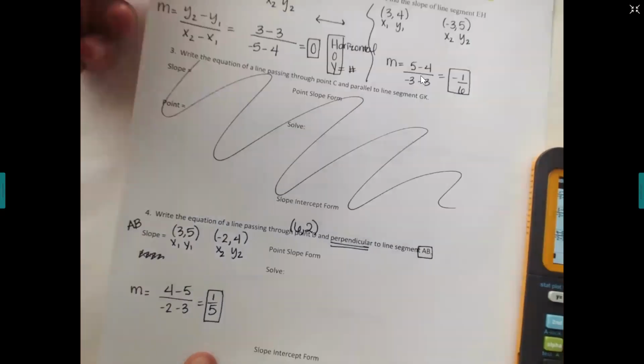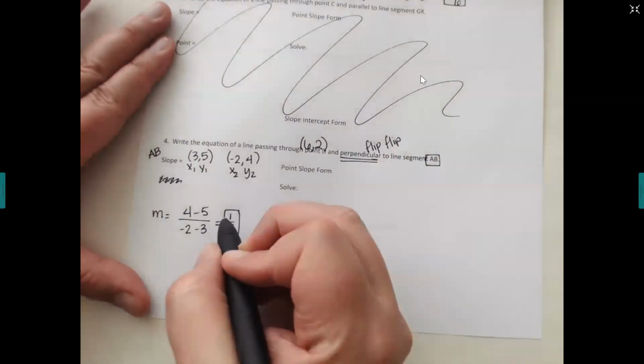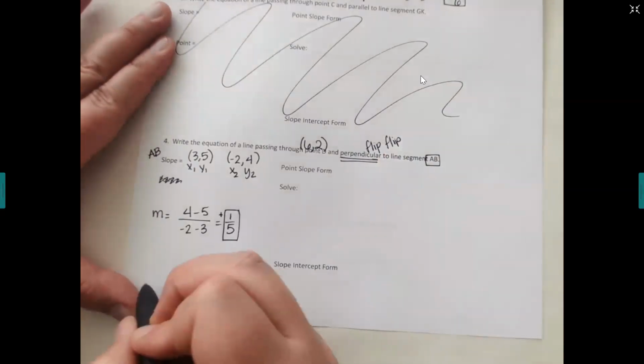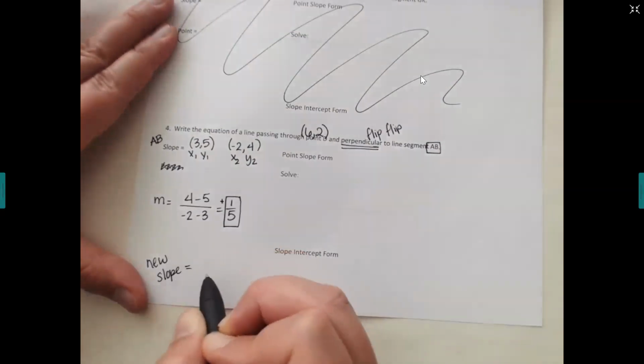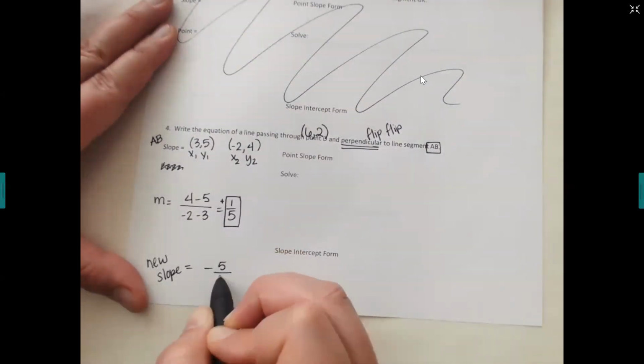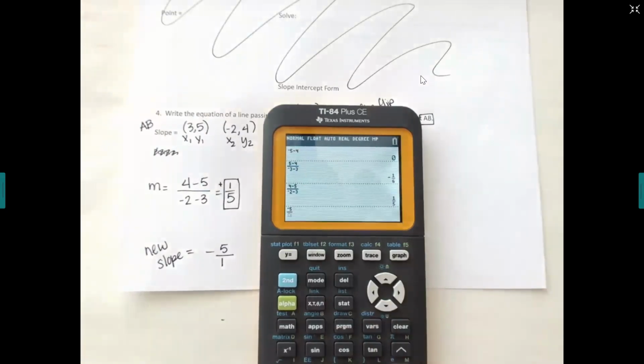So if this slope is 1/5, my slope needs to be the flip of that. So if this is positive 1/5, then my new slope needs to be -5/1. And remember that you can always type that into your calculator to see if it'll simplify. So -5/1 comes out to just be -5.